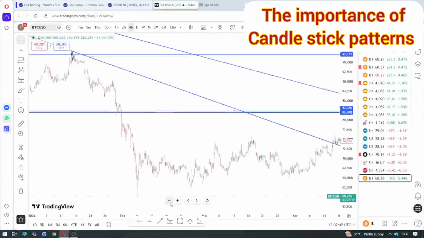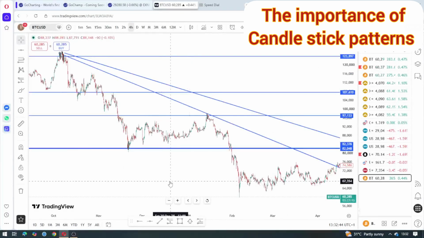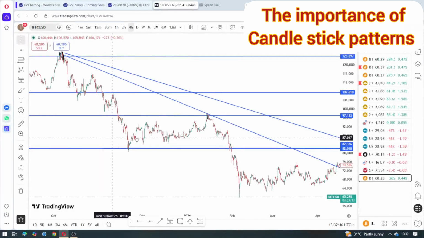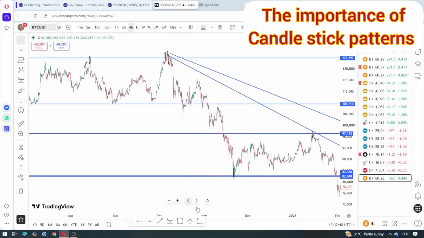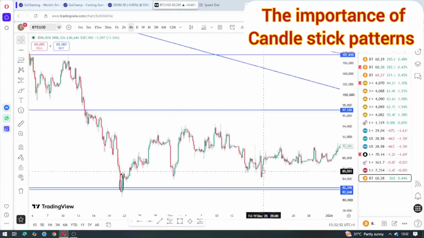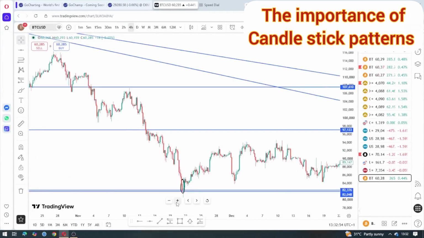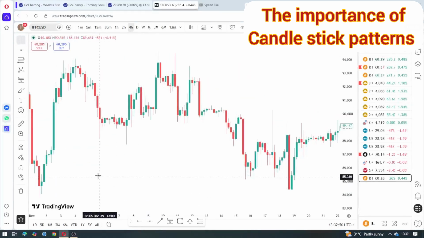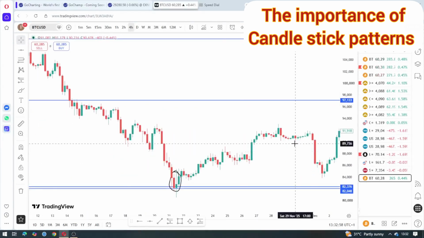Let's get it again. Let's get it properly. So this is the point. It began to go upside. After it went upside, I'm trying to zoom it so that you can see it properly.